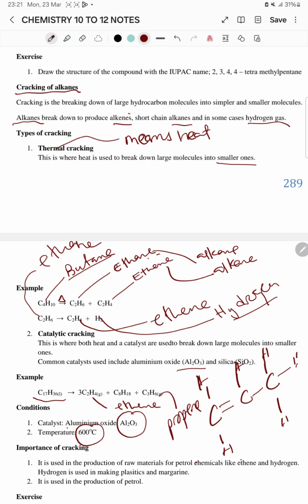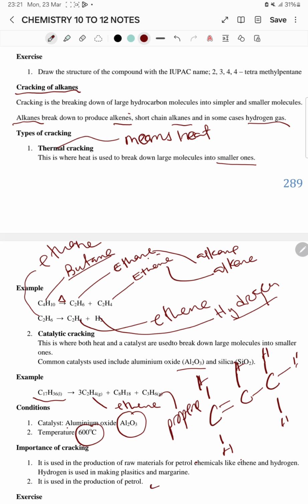Now, importance of cracking. It is used in the production of raw materials for petrol, chemicals like ethene and hydrogen.